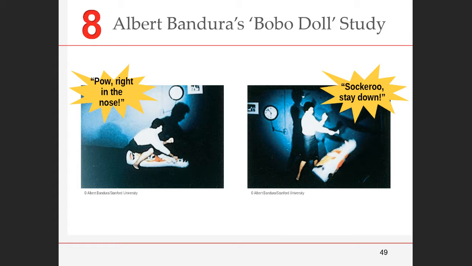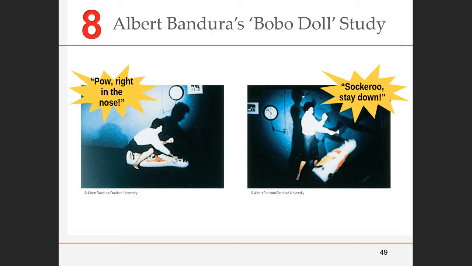And the children in the experimental group who watched this video were more likely to go into this room of toys and immediately go to Bobo, whereas the control group children were less likely to go towards Bobo. They would even look at some of the other toys, and they weren't nearly as aggressive.